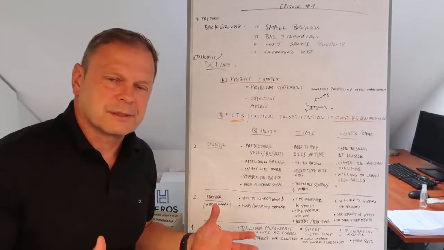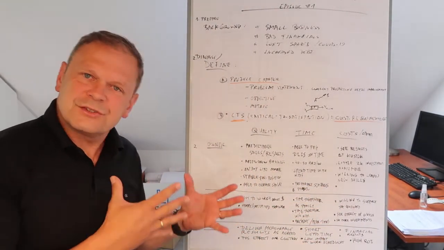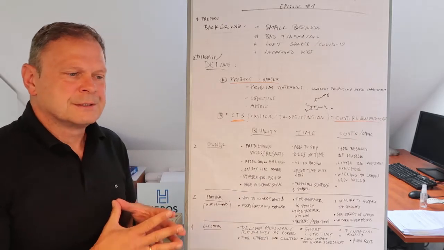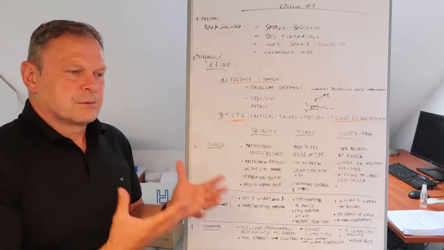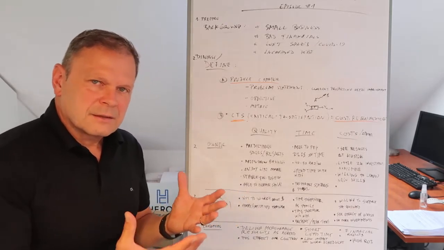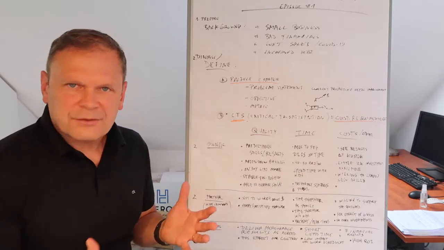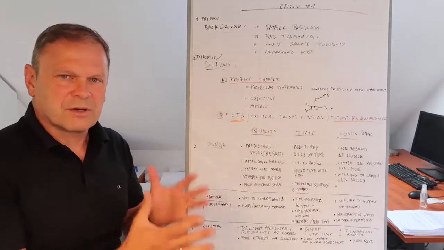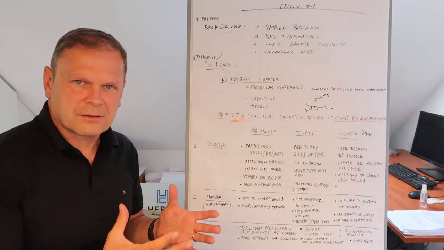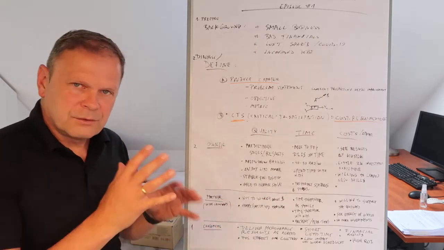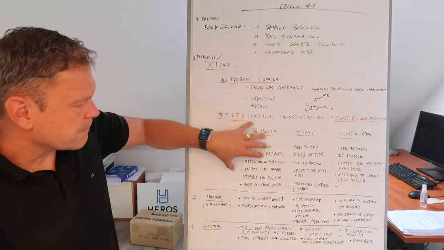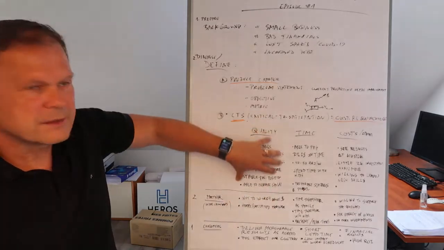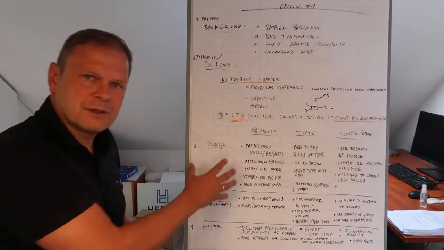So how about the predictability? How about consistency? How about that what I get is what I expected to get? Is there a variation in what I get? So all those terminologies are referring to the quality requirements of the customer.